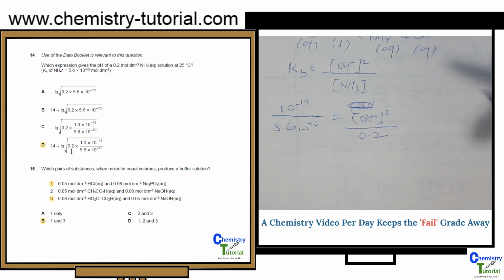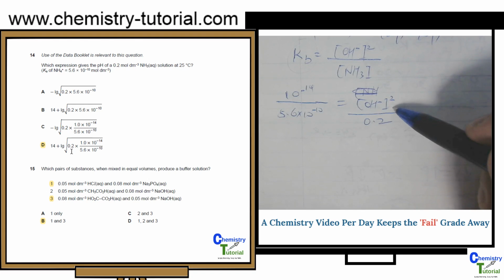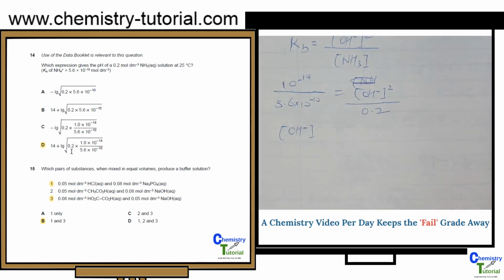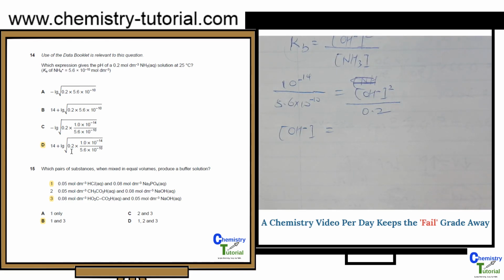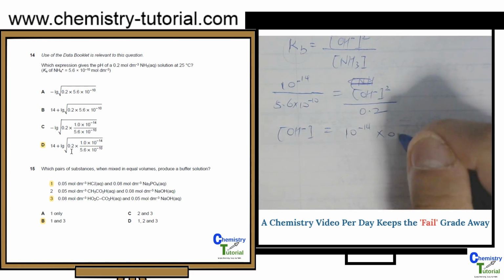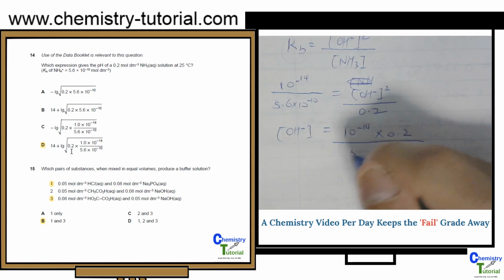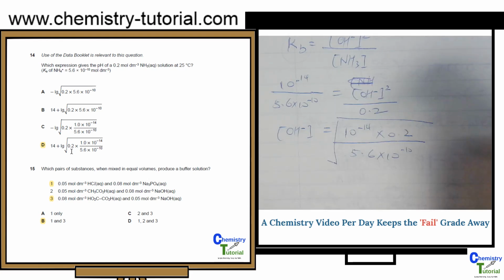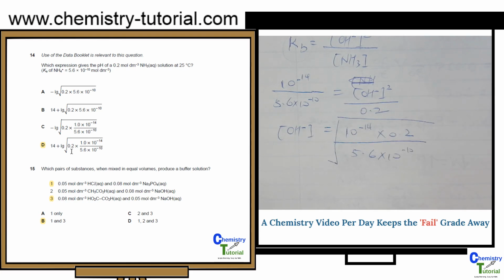Okay, to find the pH, we need to find our pOH first. So make OH- your subject. So what we have is 10 to the power of minus 14 multiplied by 0.2 over 5.6 times 10 to the power of minus 10, but we need to do a square root because just now this was the concentration of hydroxide squared.